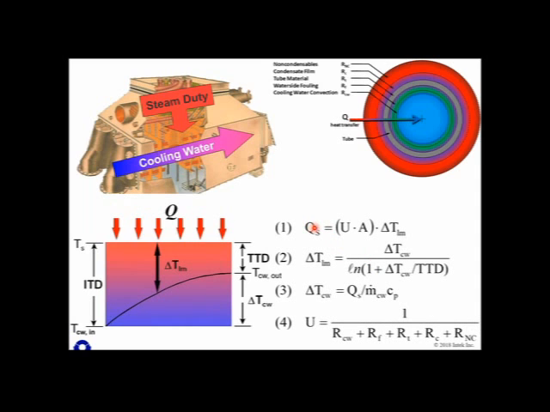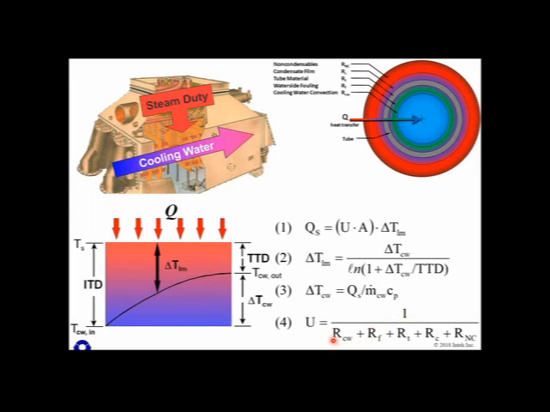So before we had Q equals 1 over R times delta T. For the condenser, it's Q equals that 1 over R, the equivalent of which is a heat transfer coefficient U, times the condensing surface area A. And then instead of delta T, since the cooling water temperature is changing as we flow from inlet to outlet, it's a delta TLM. And so this becomes the basic equation for doing a lot of thermal performance analysis.